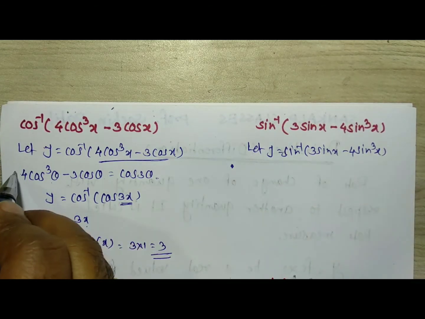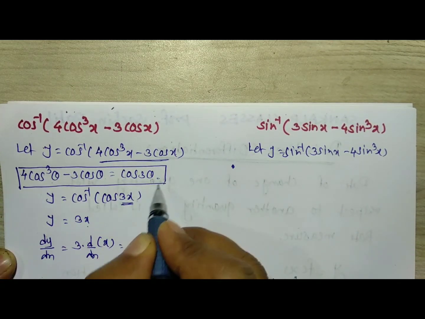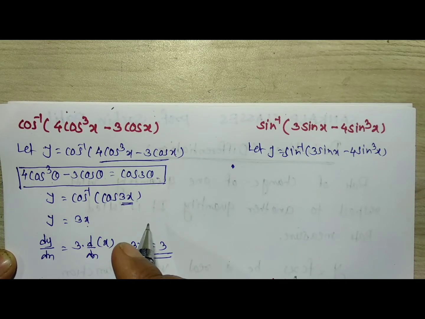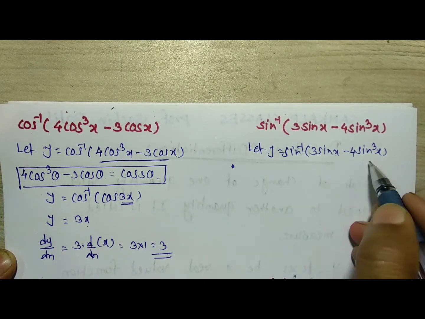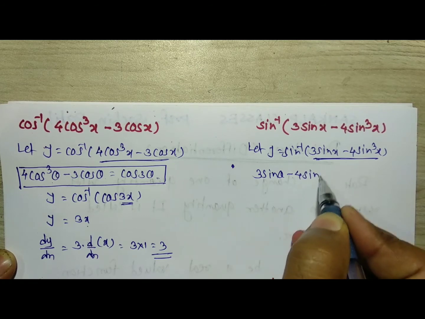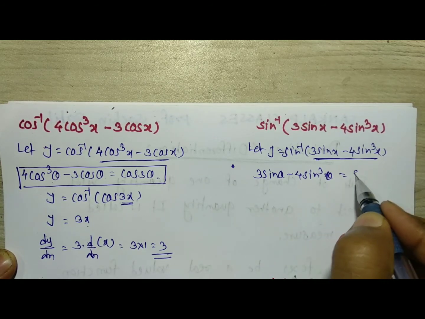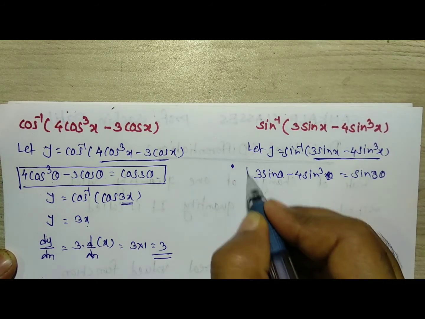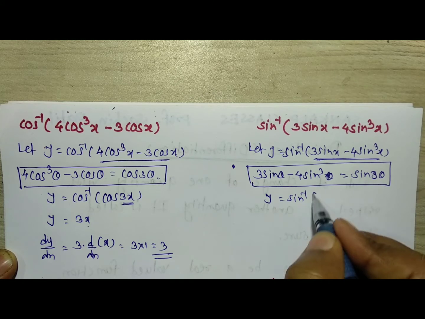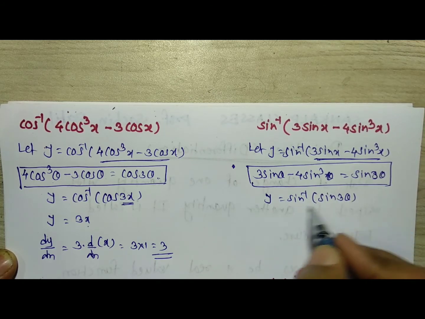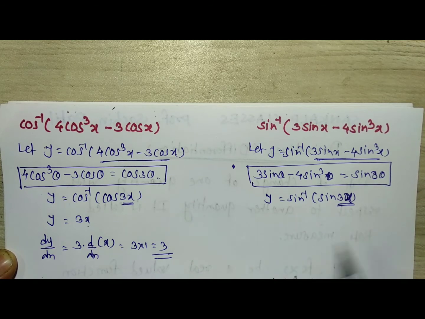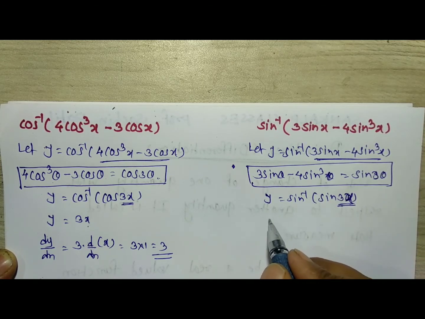Once again there is a formula: 3 sine θ minus 4 sine³θ is equal to sine 3θ, and this formula is most useful inside derivatives. So y is equal to sine inverse sine 3x, and sine inverse and sine cancel each other, so y is equal to 3x.